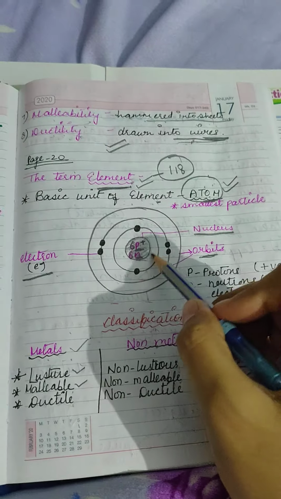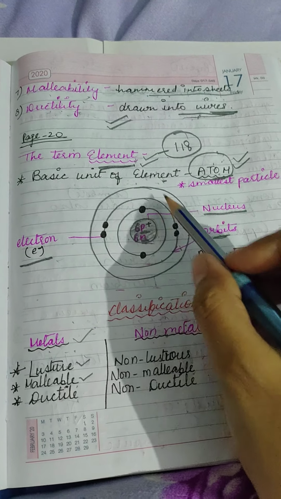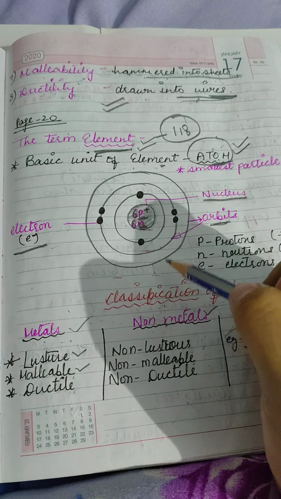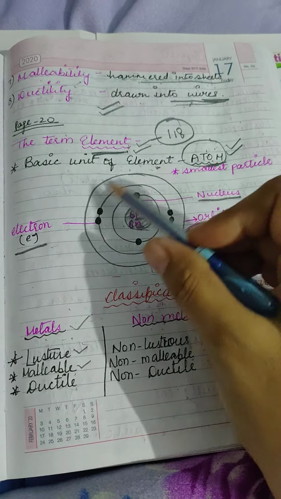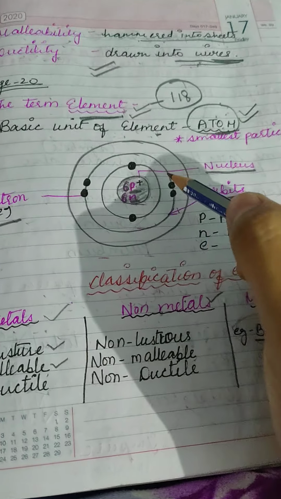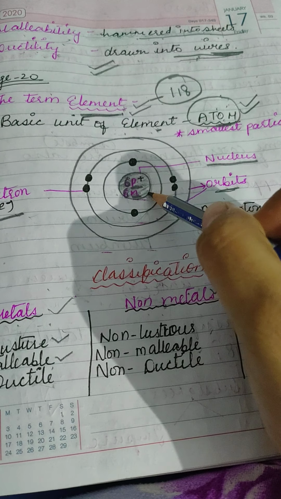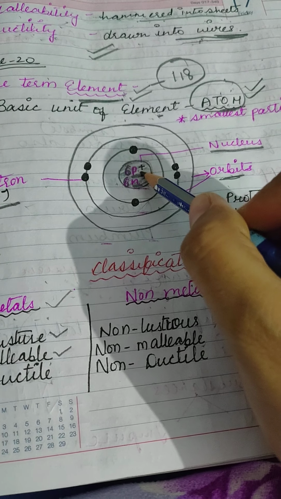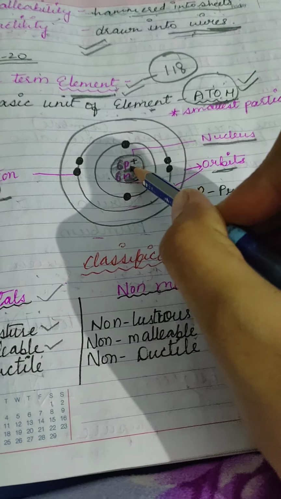See, it is also given in your book and you also have to draw it in your notebooks. In an atom, you see it somehow looks like the solar system, in which there is a sun in the middle and the path in which the planets revolve. Now, the central part which resembles the sun, this is the nucleus of the atom. Inside the nucleus there are certain charged particles which we call protons.